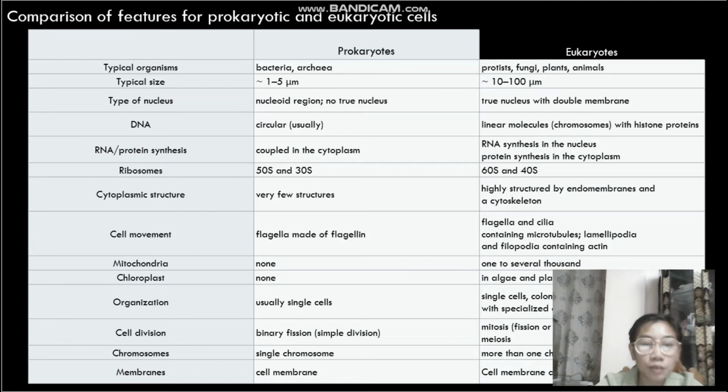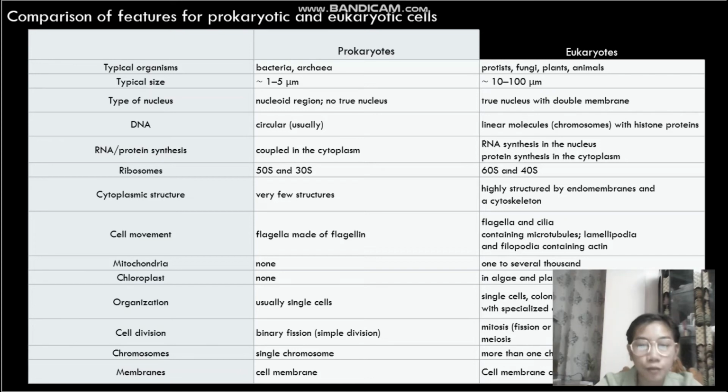When it comes to cell movement, prokaryotes have flagella made of flagellin only. For the eukaryotes, there are flagella and cilia containing microtubules, and lamellipodia and filopodia containing actin.